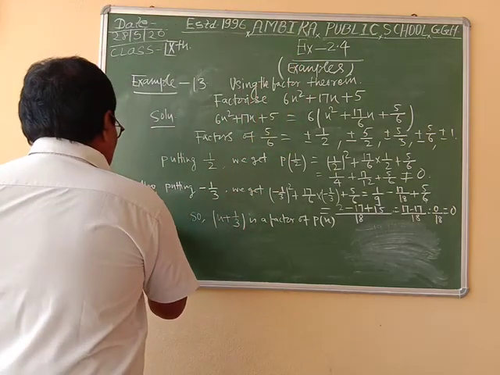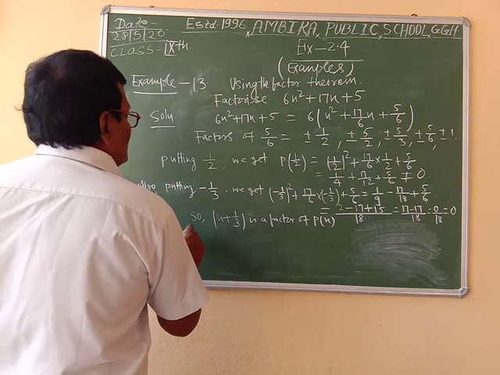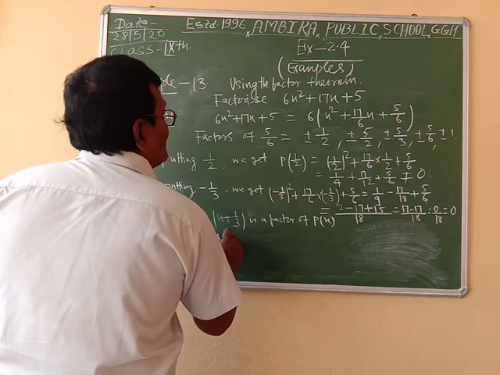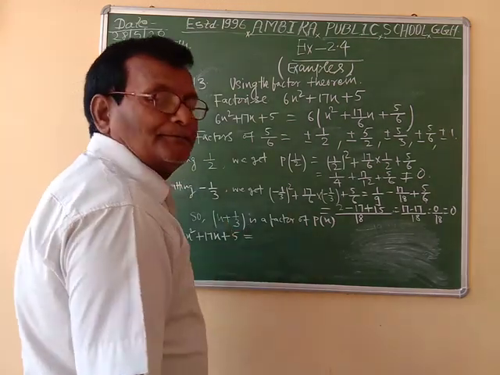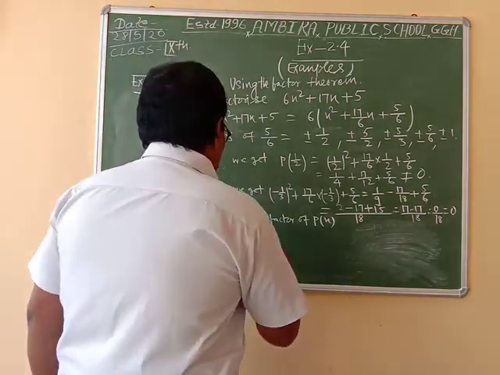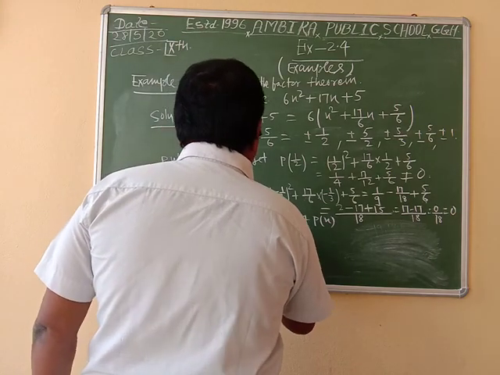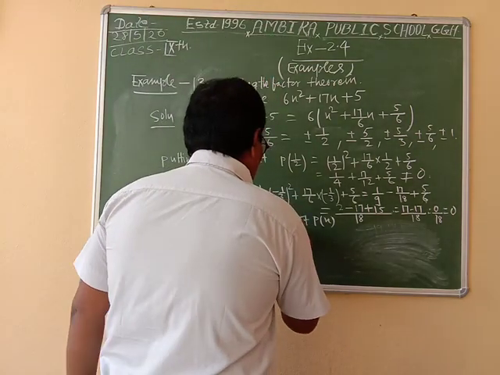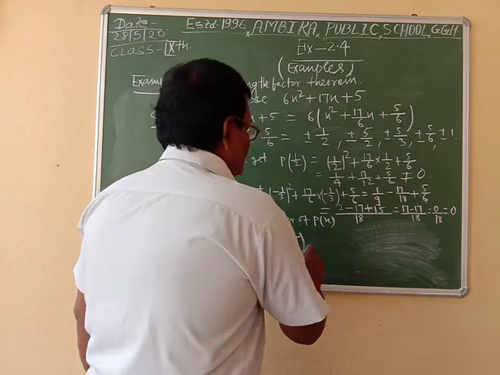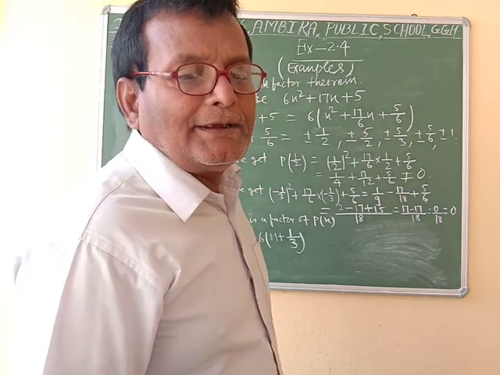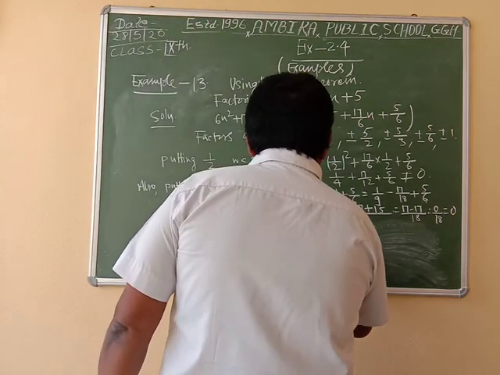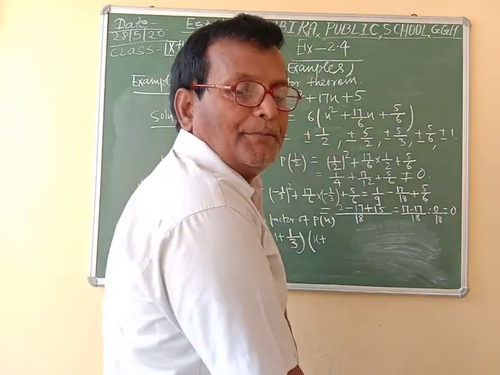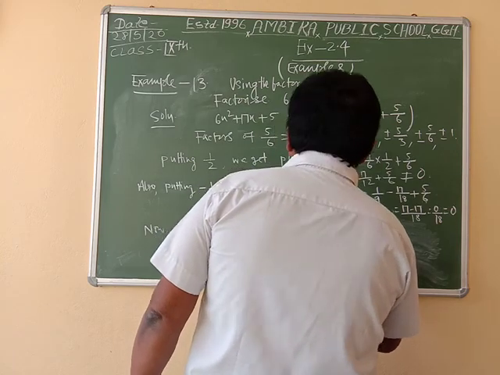Now 6x square plus 17x plus 5 is equal to 6 into x plus 1 by 3 and x plus 5 by 2. Another factor will be found by putting minus 5 by 2.